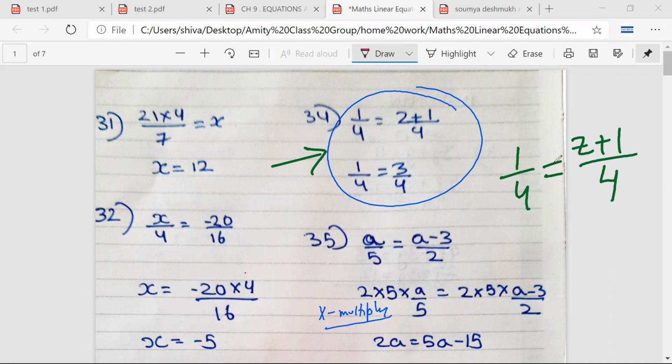Now, listen to me. In algebra, a lot of confusion will happen. If you see, I write z like this for a simple reason. I do not want any confusion between my 2 and my 7. Have you understood?